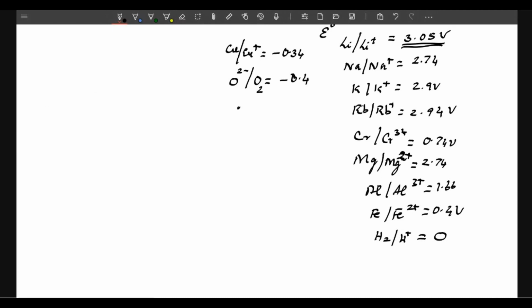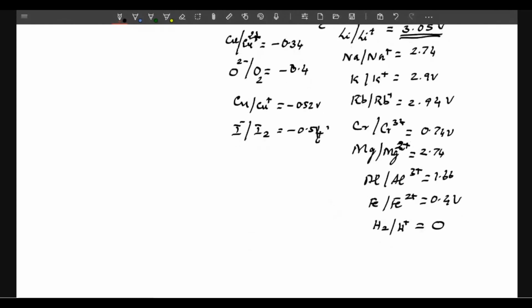Copper and copper plus, minus 0.52 volt. Iodide and iodine, minus 0.54 volt.